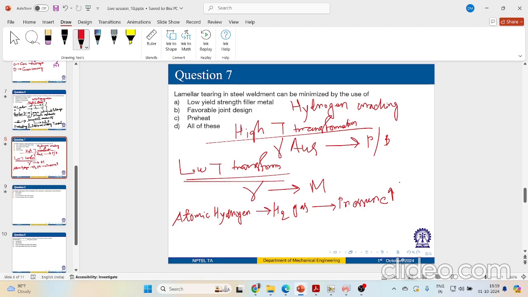This type of cracking and fracture takes place after some period of time after welding. This is also called delayed cracking.